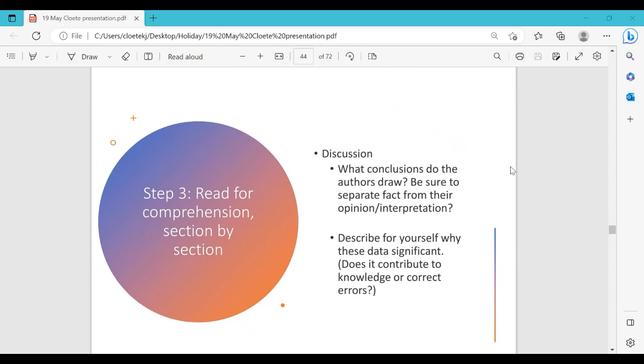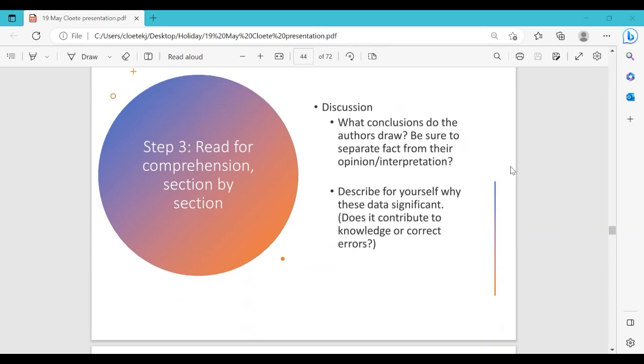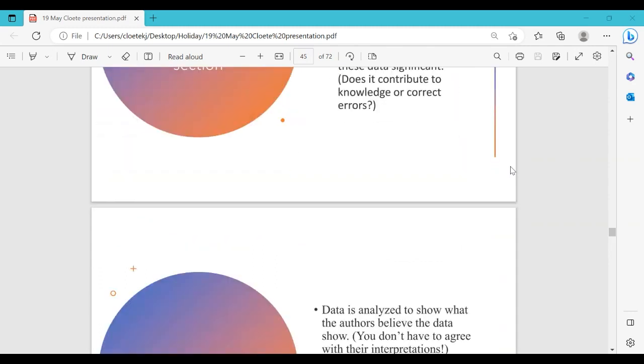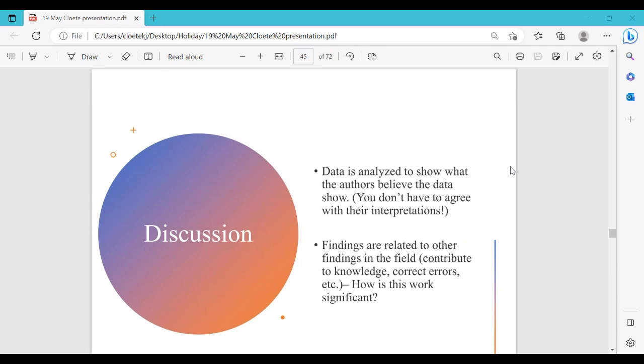Then you can think for yourself why you think these data could be significant. Could these authors have used different references, or maybe you might be aware of a different reference that they could have used? If you are a reviewer, then you mention this in your reviewer report.